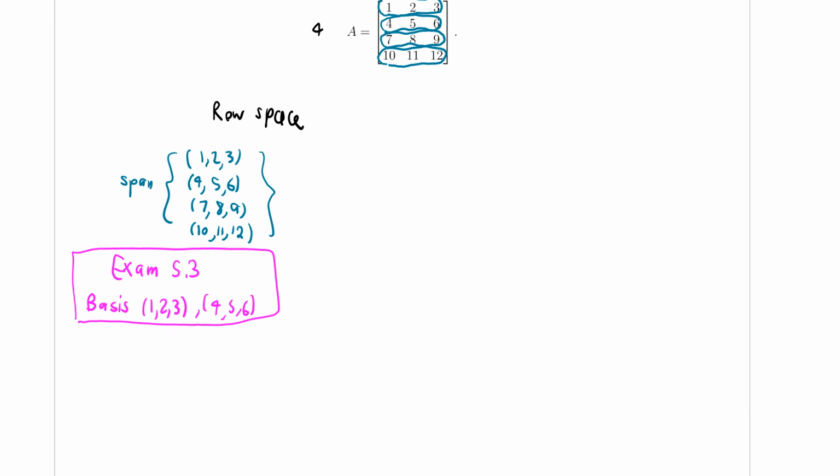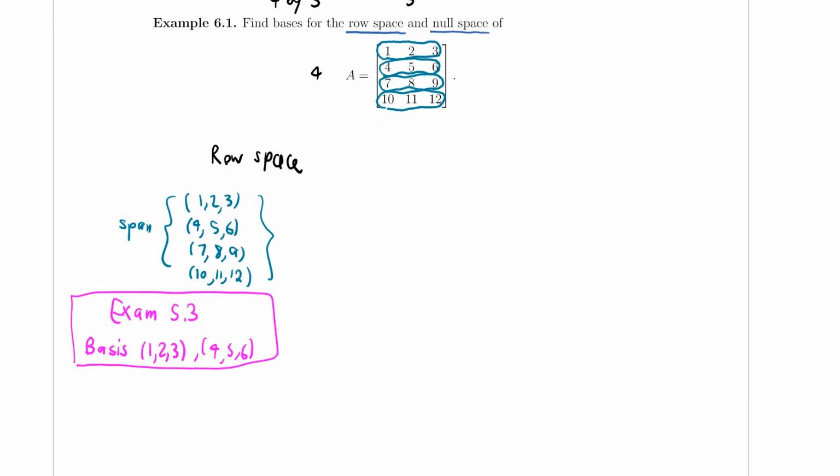But for now, let me show you another way to find the basis for the span of these 4 vectors. Another thing that I can do with the matrix A is go ahead and row reduce it.